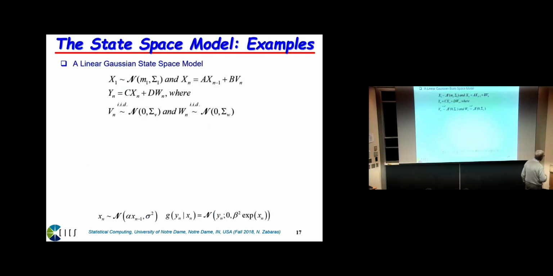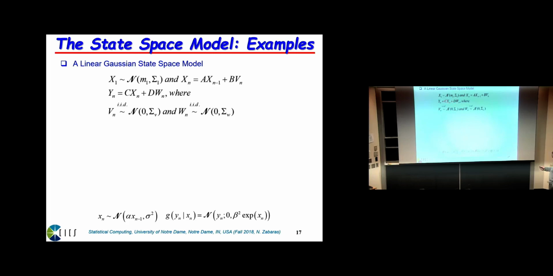This is called the state space model. So I am going to give you some examples. The easiest example is a linear Gaussian model. If some of you have taken control theory or something like that, this is something you will see all the time. The transition model looks like that. The noise is Gaussian, but the observation model is also linear.